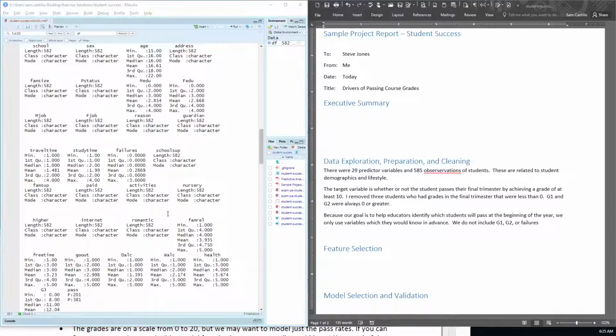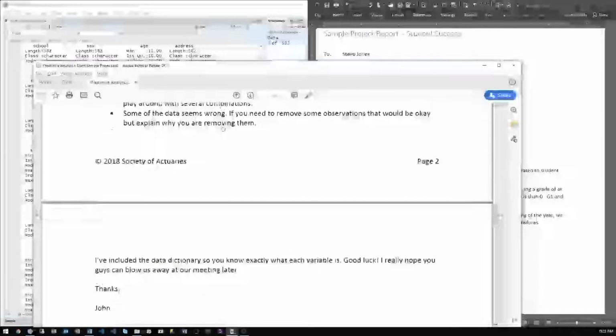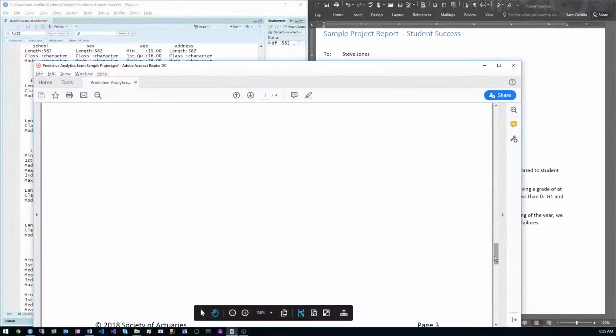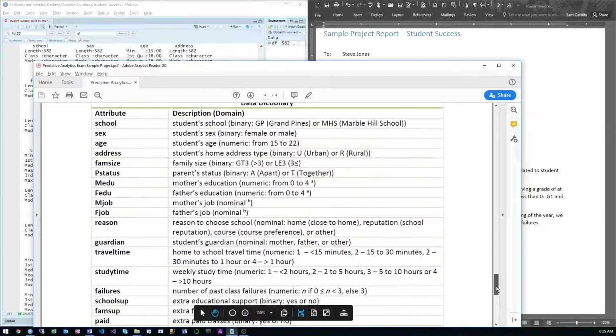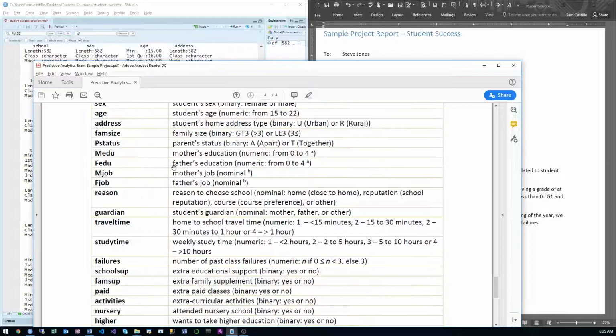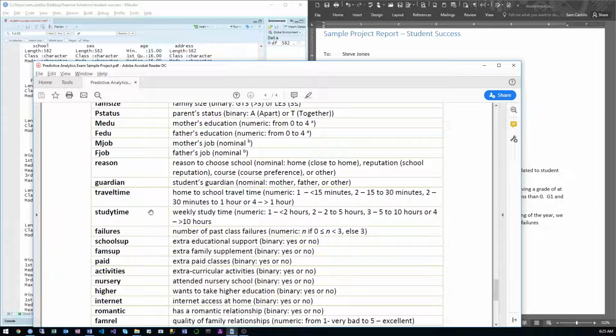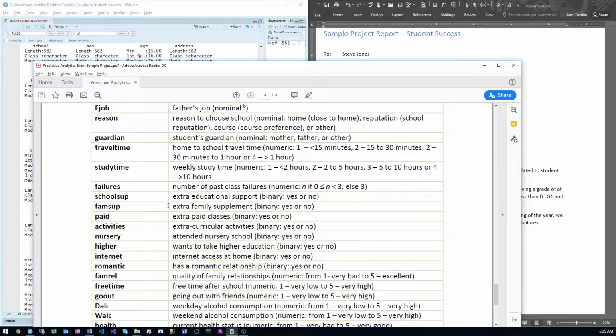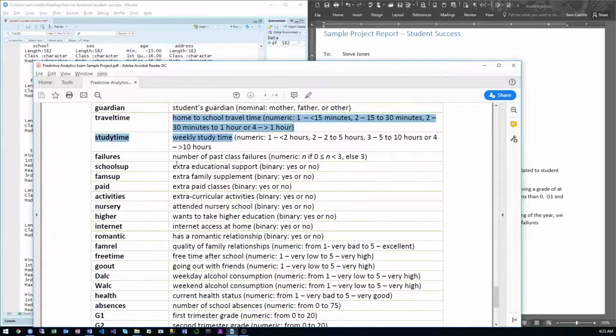Other variables. School is fine, sex is fine, age is fine, address, family size, parent status, education status, reason to choose school, guardian, travel time, study time. One could argue that these would not be known in advance because they could change throughout the year. Failures.